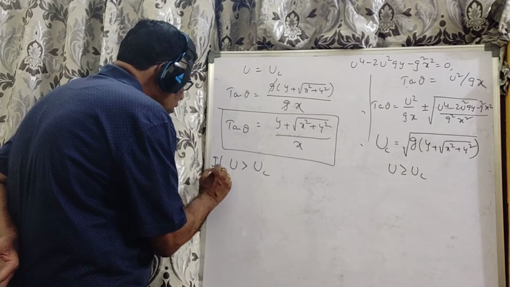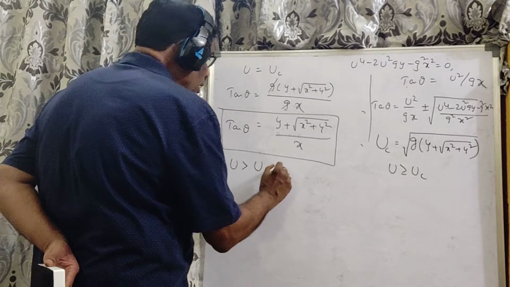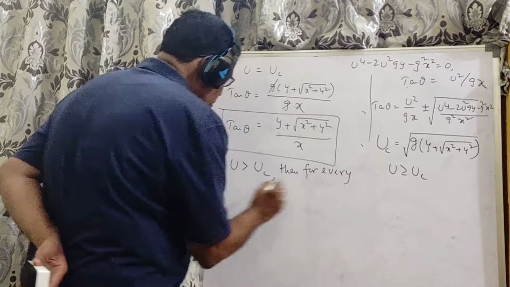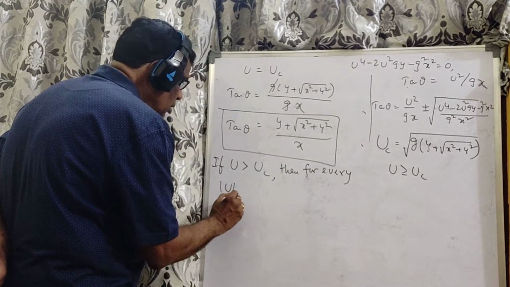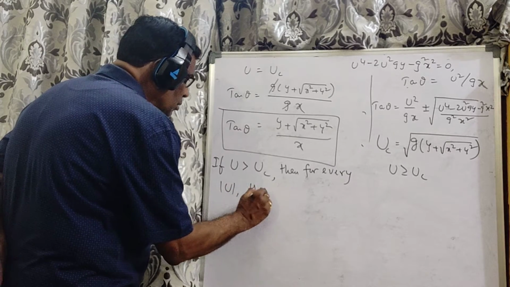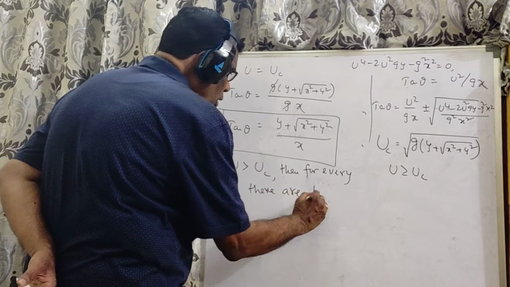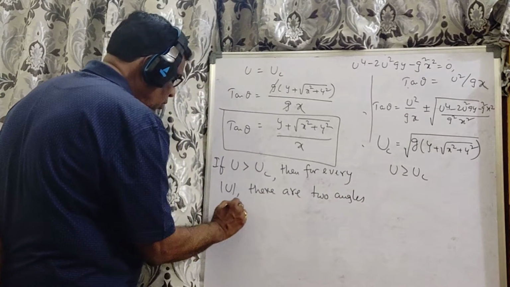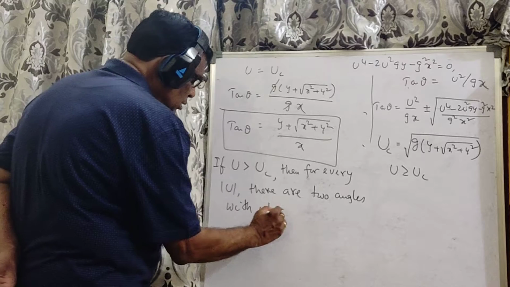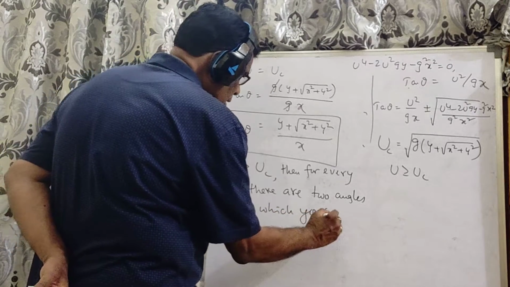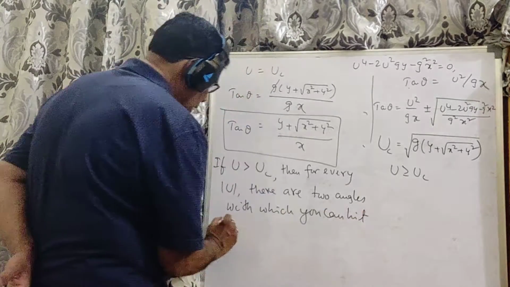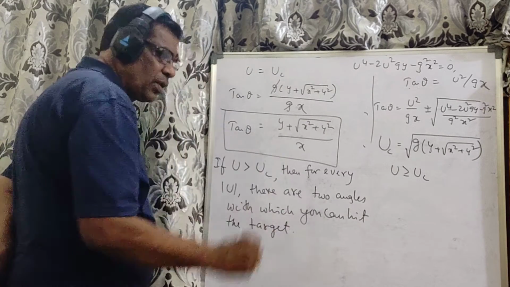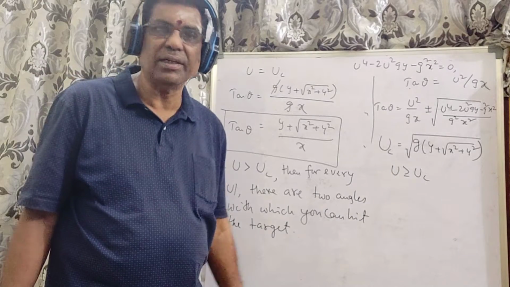If u is greater than uc, then for every u there are two angles with which you can hit the target.